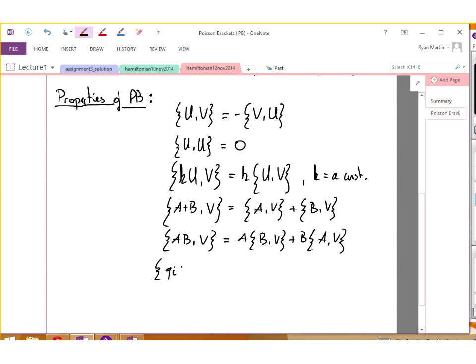If you take the Poisson bracket of one of the coordinates with another coordinate, that's the same as doing it with one of the momenta, and that's equal to 0.